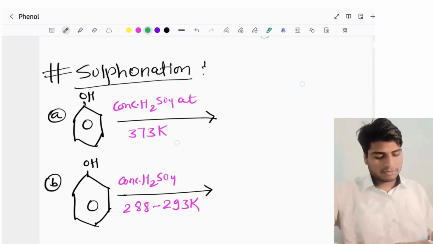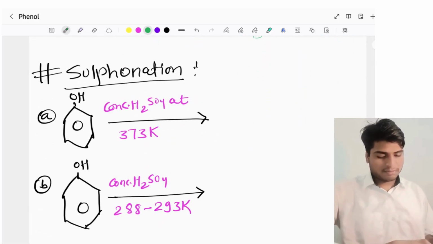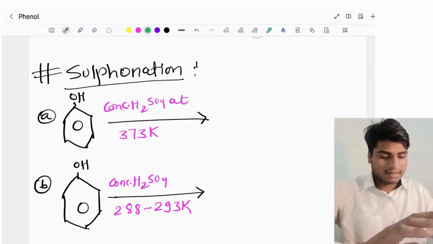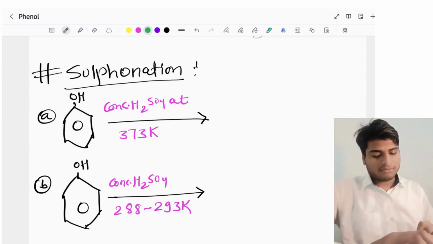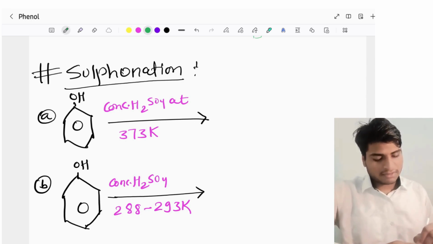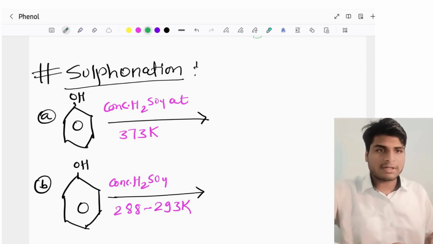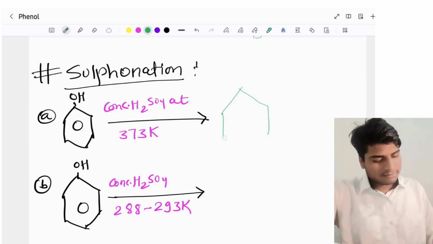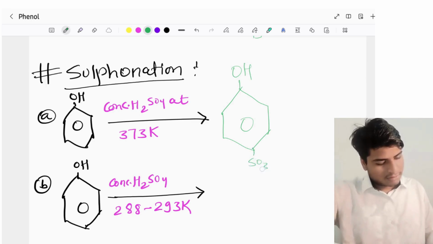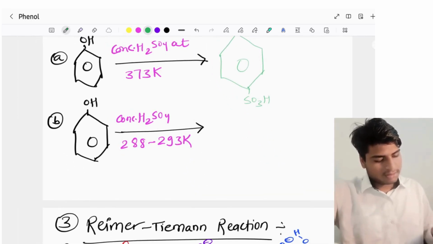Now comes the sulfonation part. There will be two parts, with variation of the temperature. One is when phenol is treated with conc H2SO4 at the temperature of 373 Kelvin, then the major product will be this, OH and SO3H.